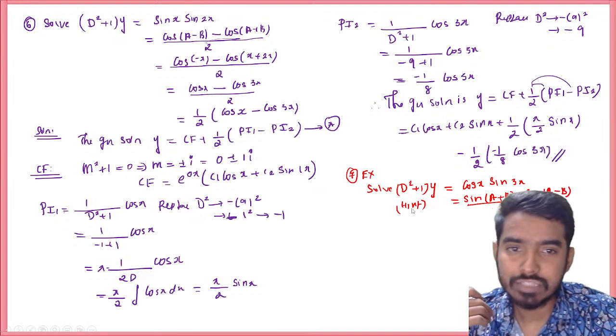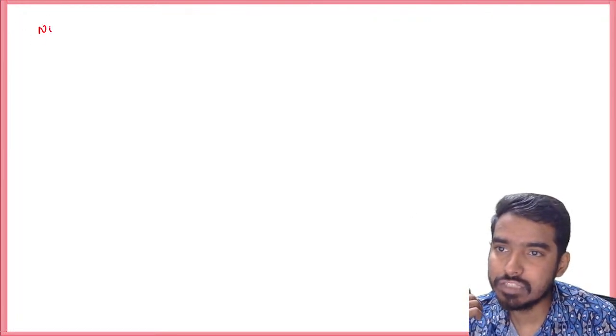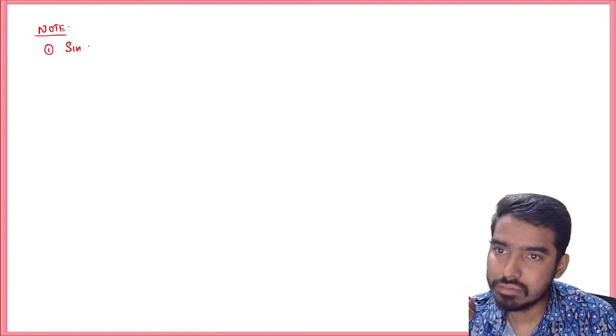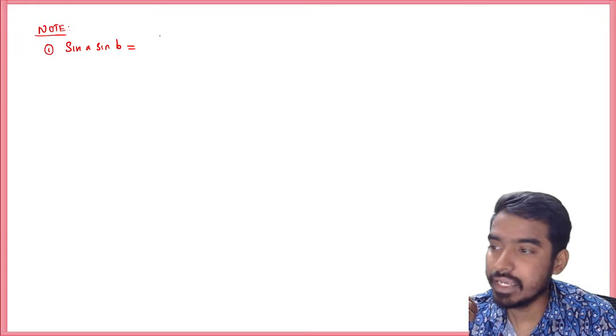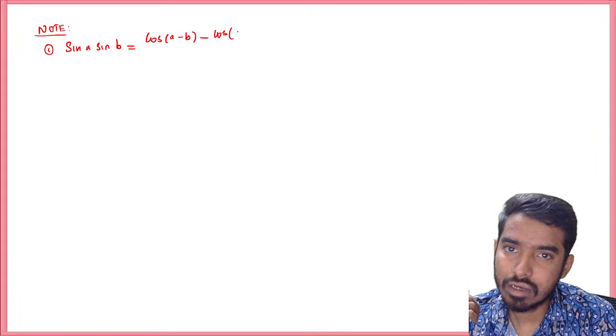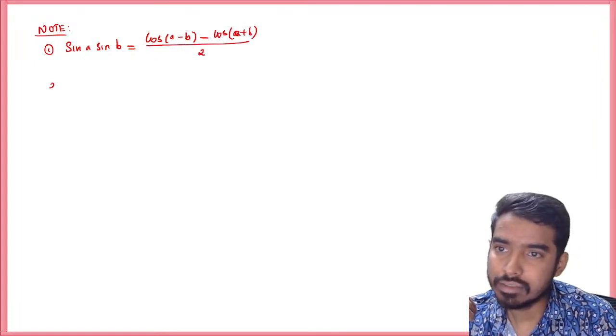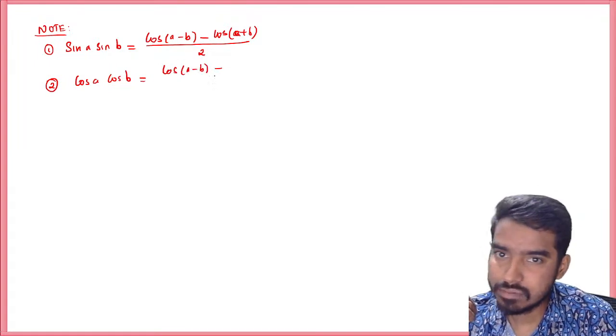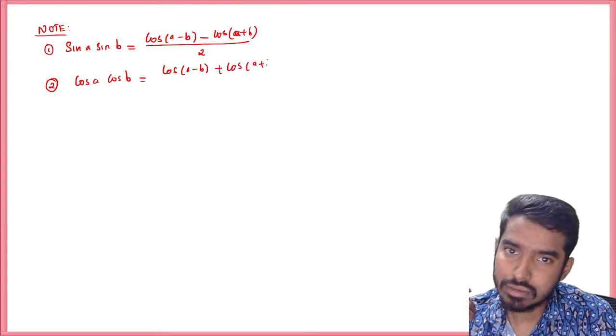See, you have to remember these 4 formulas, right? You just make a note of these 4 formulas. So first formula is sin a sin b. Sin a sin b is cos a minus b minus cos a plus b divided by 2, right? Second formula is cos a cos b. So cos a cos b is cos a minus b plus cos a plus b divided by 2.